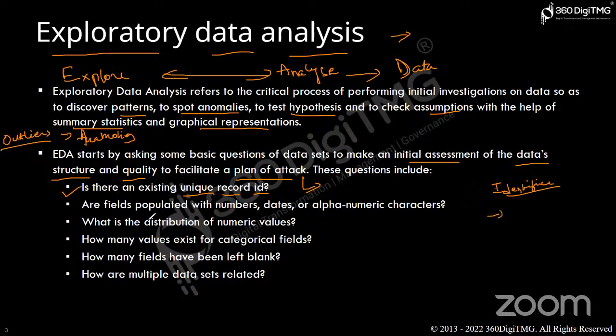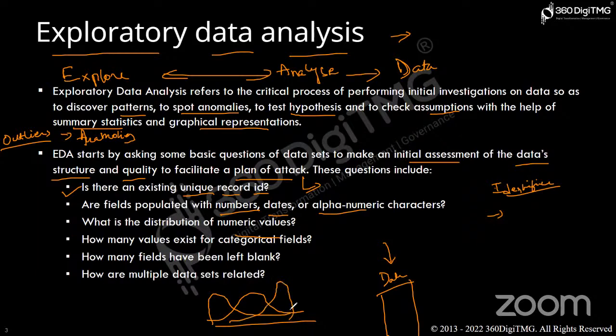Then, are there any fields populated with numbers or dates or alphanumeric characters? So what is the data type of this field? What is the distribution of numeric values: is it normally distributed, non-normally distributed, what kind of distribution do we have? This also we try to find.